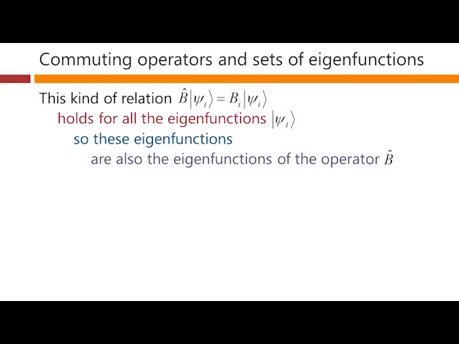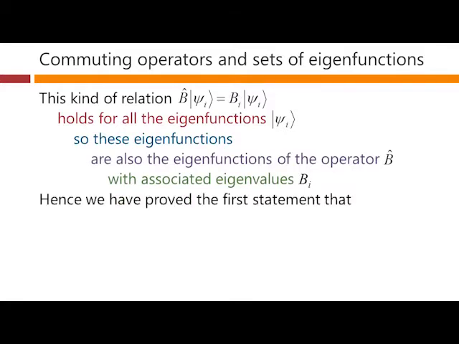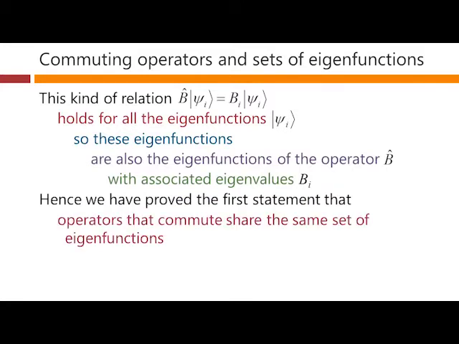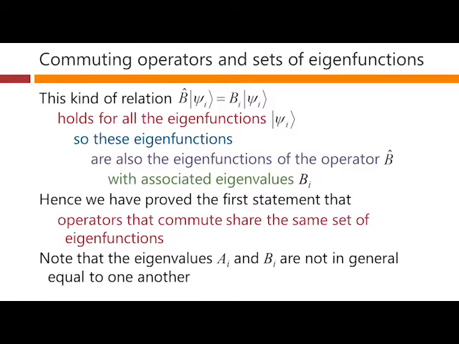We just proved that. In this case, the eigenvalues are these numbers bi. Hence, we've proved our first statement that operators that commute share the same set of eigenfunctions. Note that in general, these numbers ai and bi are not the same numbers. They could conceivably be, but they are not necessarily the same numbers. But the eigenvectors have to be the same eigenvectors.